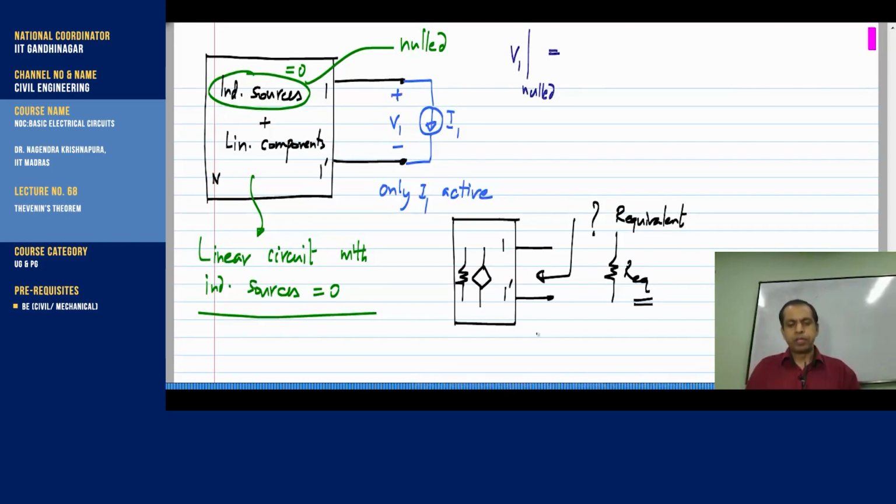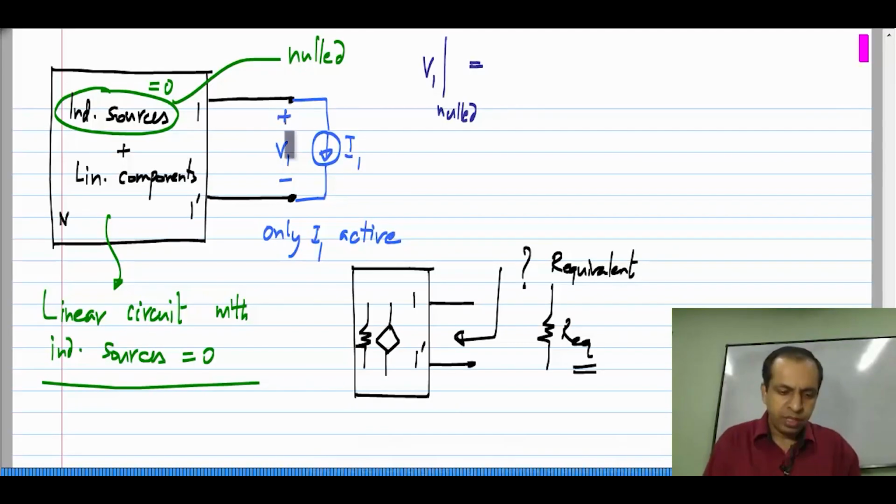So, if you take a linear circuit and look at it between two terminals, you plot the IV characteristic, what you get is the IV characteristic of a resistor. Now, because you can have control sources inside, this resistance need not always be positive, but it will always be a resistor. All that is saying is that this V1 will be proportional to I1.